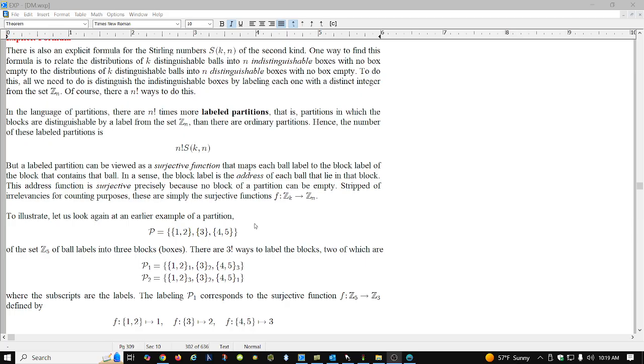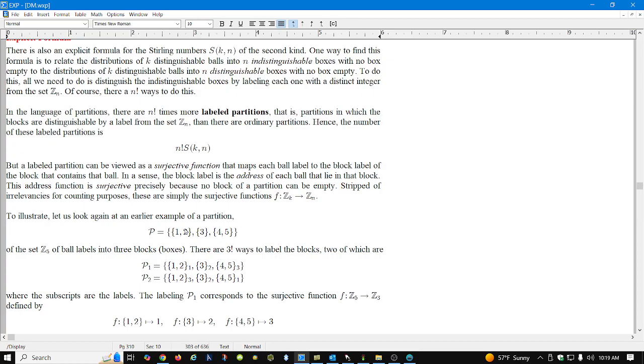If you think of the label of the block as the address of each of the balls inside that block, then this function just gives the address of each ball. When you strip all the irrelevancies away, just for counting purposes, we're just talking about surjective functions from the ball label set to the block label set.